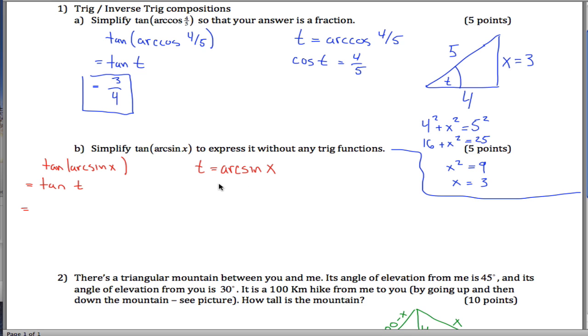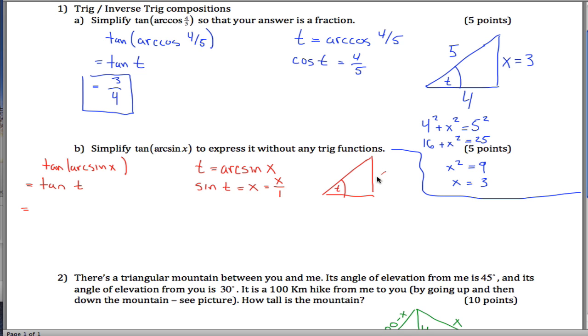If t is the arc sine of x, then the sine of t is equal to x. Or if it helps, instead of x, you can think about that as x over 1. Why it might help is because when you draw your little triangle, with t over here, the sine of t, SOHCAHTOA, is opposite over hypotenuse.